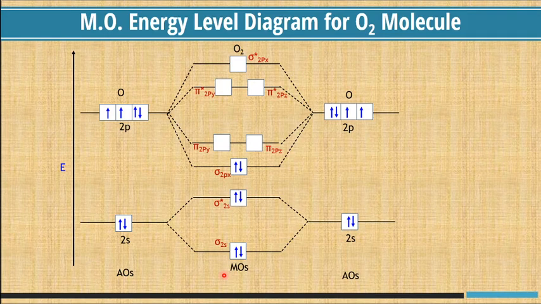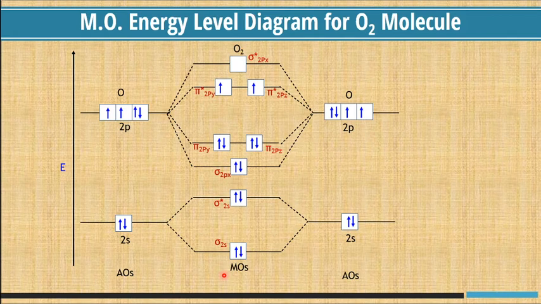Remaining 2 electrons are filled in the pi star 2py and pi star 2pz antibonding molecular orbitals with parallel spin. Hence, there are 2 unpaired electrons in the antibonding molecular orbitals, and there are 8 electrons in the bonding molecular orbitals and 4 electrons present in the antibonding molecular orbitals.